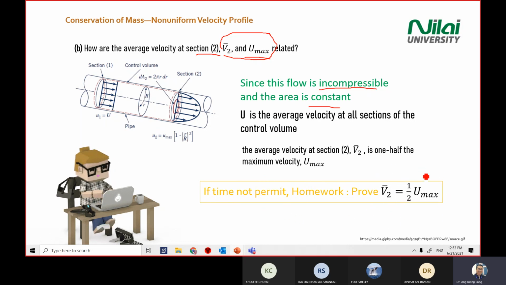So this one you should know. However, in my slides, I included the detail on this proving process. U2 equal to half u max. All right, so the answer for section B is this one: U2 average equal to half u max.